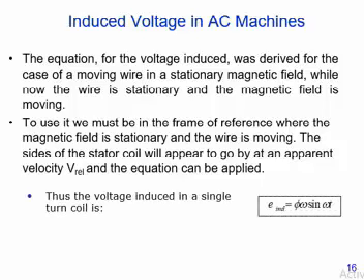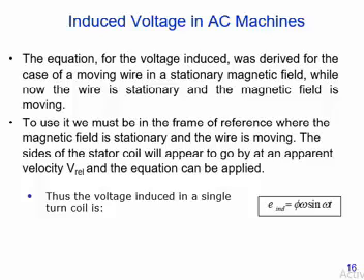But if we go into some frame of reference where the magnetic field is stationary and the wire is moving, then the sides of the stator coil will appear to go by with a velocity vr.